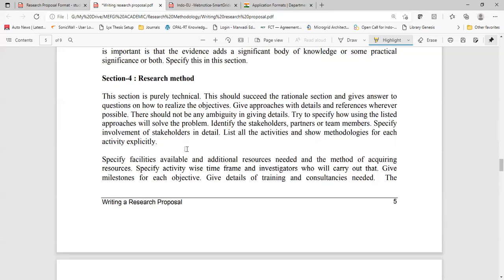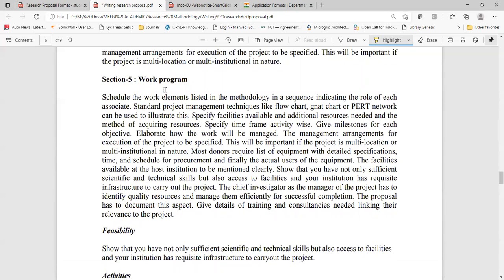And then you exactly show what will be your contribution to the project, what new you are going to do. Right? Fine. The schedule of the work.